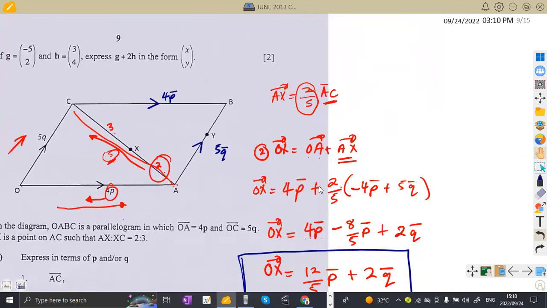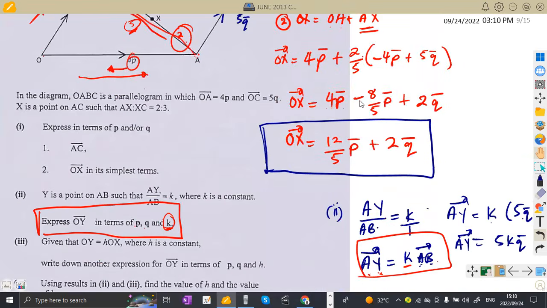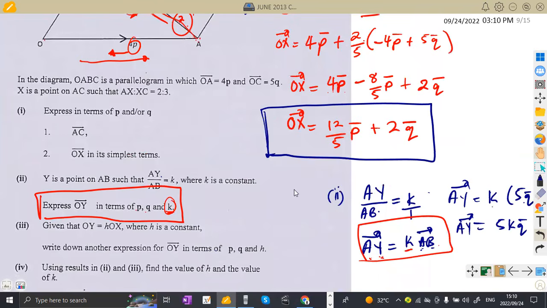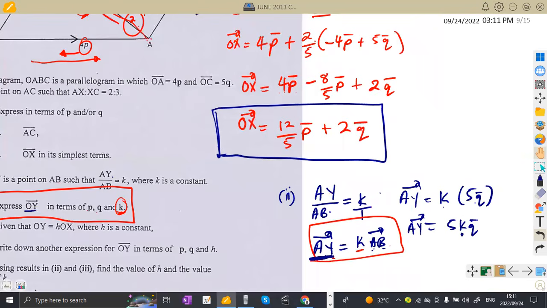5KQ. So the question now is for us to express the vector OY. In order for you to have the vector OY, AY has to be part of that route, because it is the only route so far that carries K. So we must include AY in the route that we take to find the vector OY. Which route are we going to take?